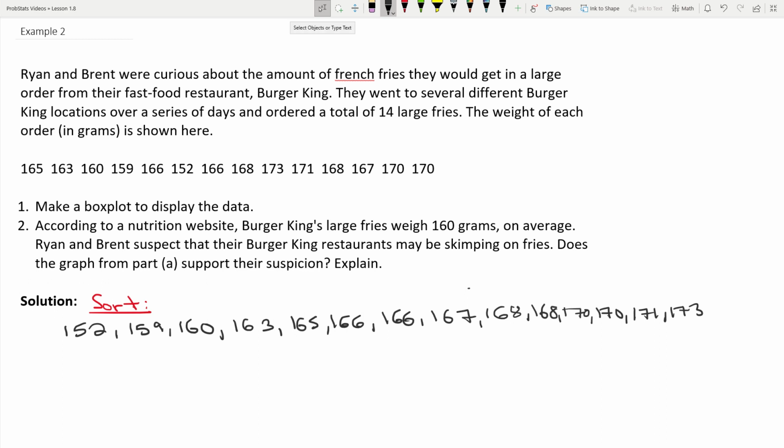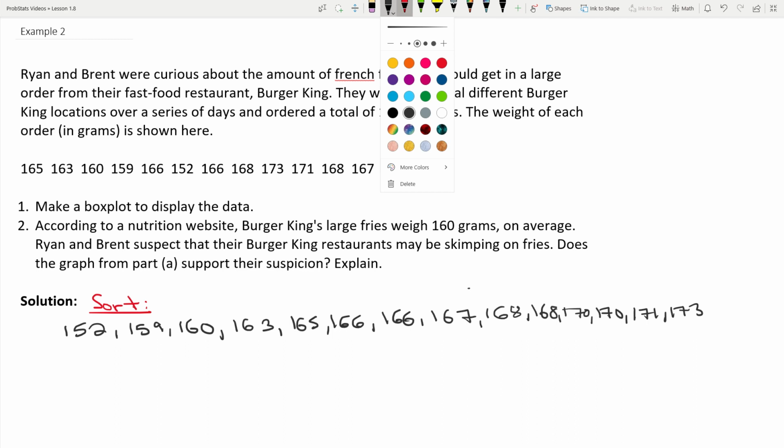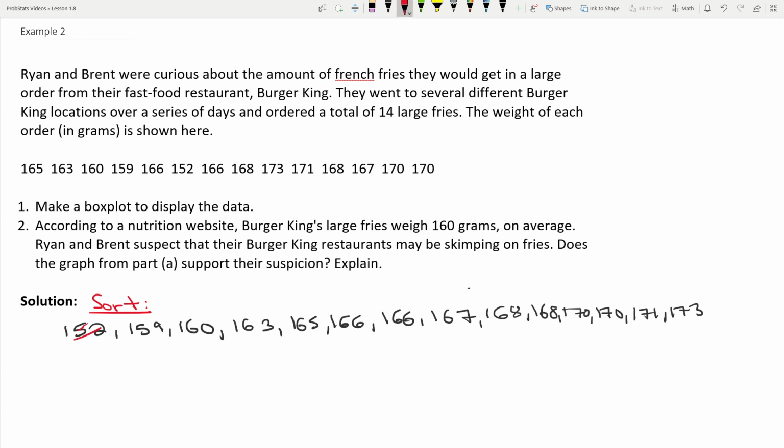Now let's work our way to find the median. Cross off one from each end, working inward. So our median is between these two values, so we're going to have to add them up and divide by 2. So our second quartile is 166.5.